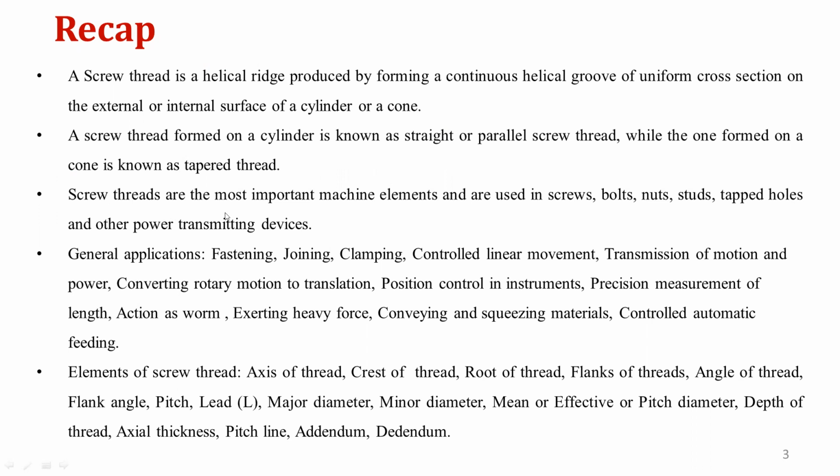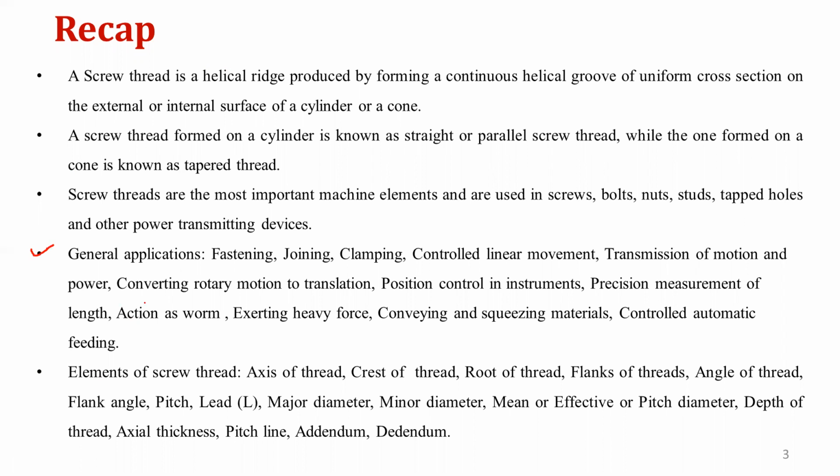So these screw threads are important machine elements used in screws, bolts, nuts, studs, capped holes, and other power transmitting devices. And then we discussed the general applications of the screw threads.